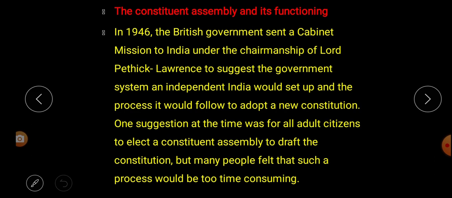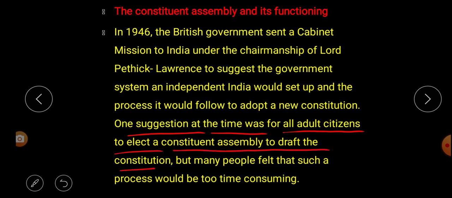Next sentence. One suggestion at the time was for all the adult citizens to elect a Constituent Assembly to draft the constitution, but many people felt that such a process would be too time consuming. Listen carefully. What was the suggestion?